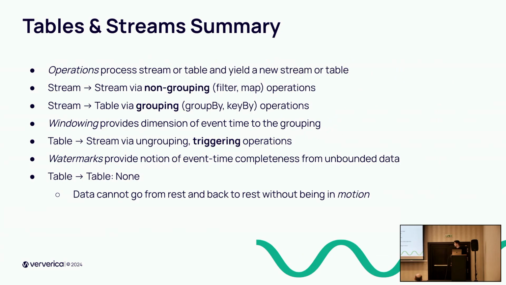So let's summarize. We have some operations which are applied on a stream or table and produce a stream or table. We have non-grouping operations, which are filter and map, which apply to the stream and produce a stream. And we have grouping operations such as group by, key by, or reduce by, which bring the stream of data into a table. And windowing in unbounded datasets could be used to add the dimension of the event time to the grouping operation.